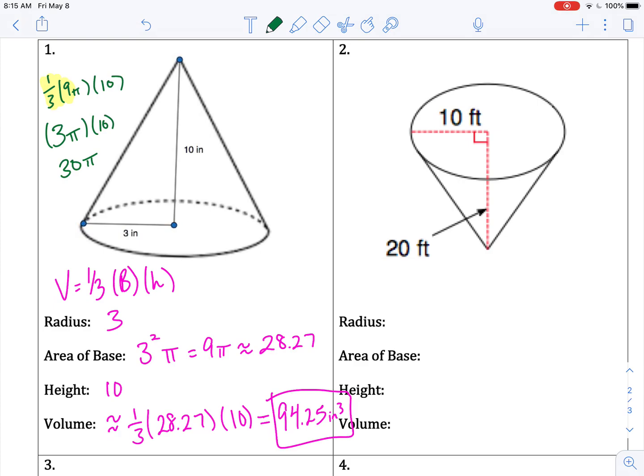Okay, let's try number 2. So the radius is 10. So the area of the base is going to be pi times r squared, or pi times 10 squared, which is going to be approximately 314.16.